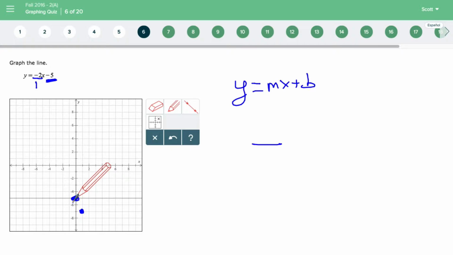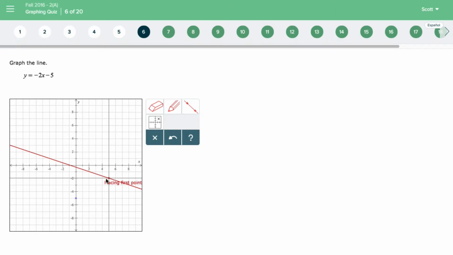Or if it's with the 1, we go positive 2 and negative 1. And you see how those are the exact same line. So we would just graph that line from there. So there's our point.